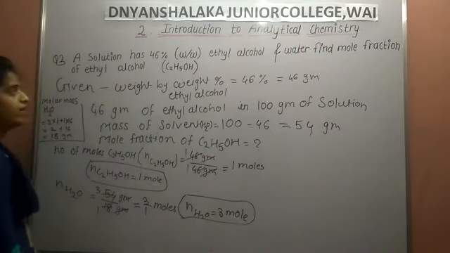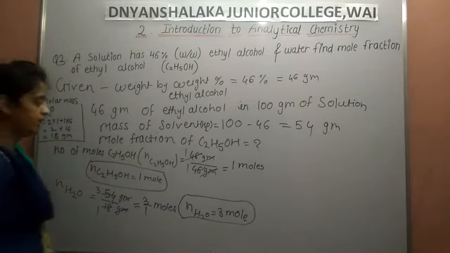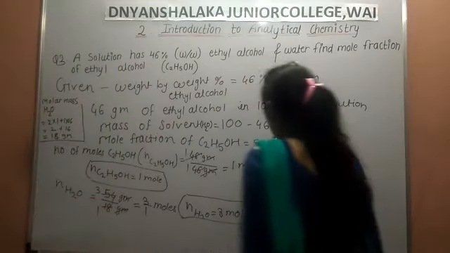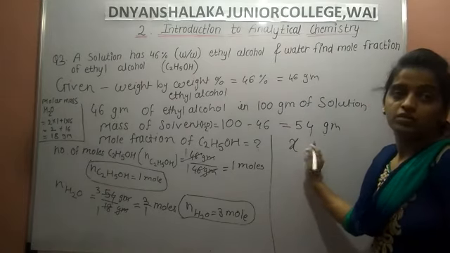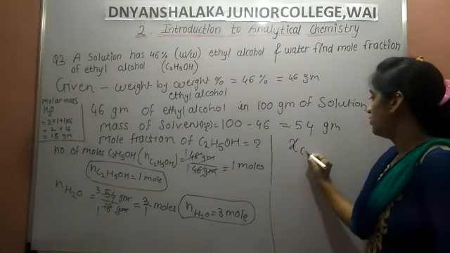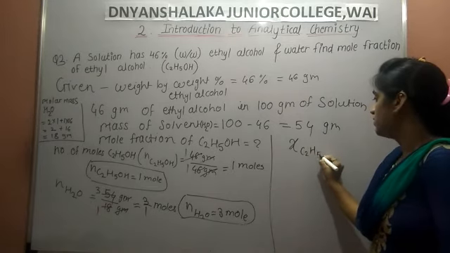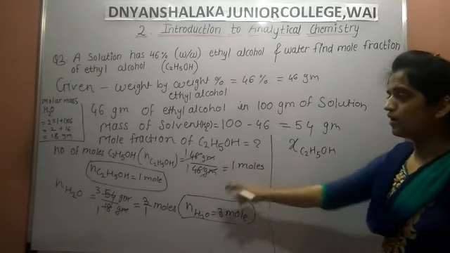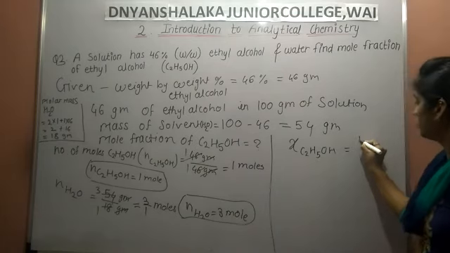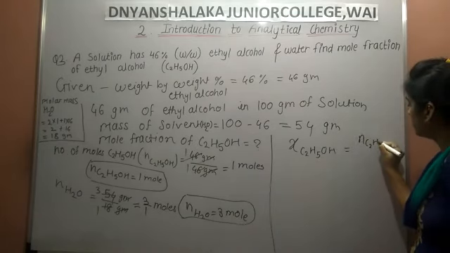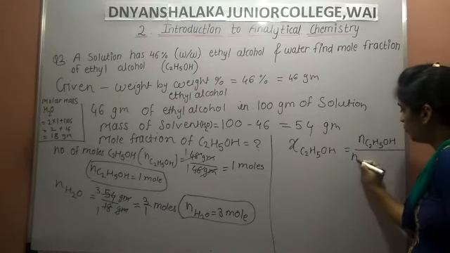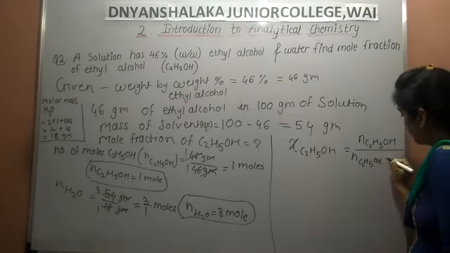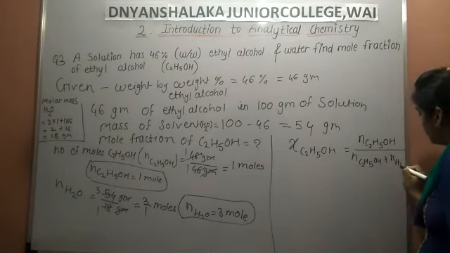So next we have to find out the mole fraction of ethyl alcohol. The mole fraction we denote with the symbol zeta, with the base as ethyl alcohol, meaning the component. So it is the number of moles of ethyl alcohol divided by the total number of moles of ethyl alcohol plus the number of moles of water molecule.